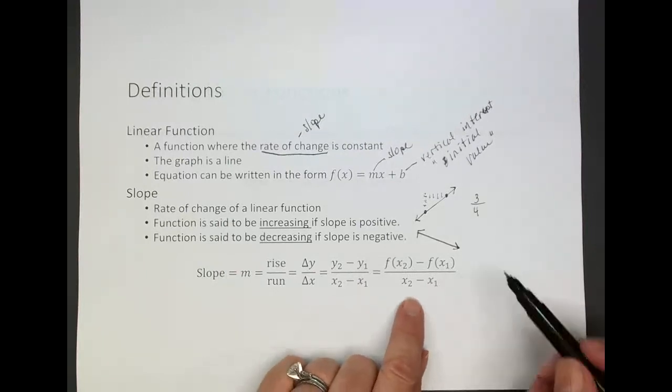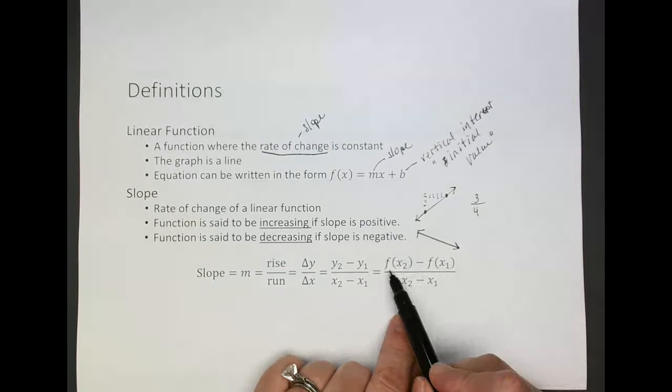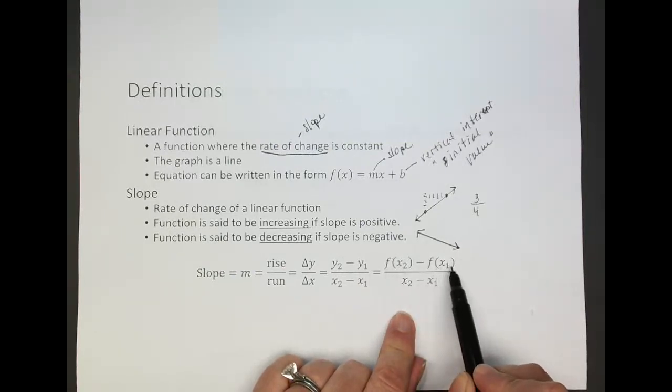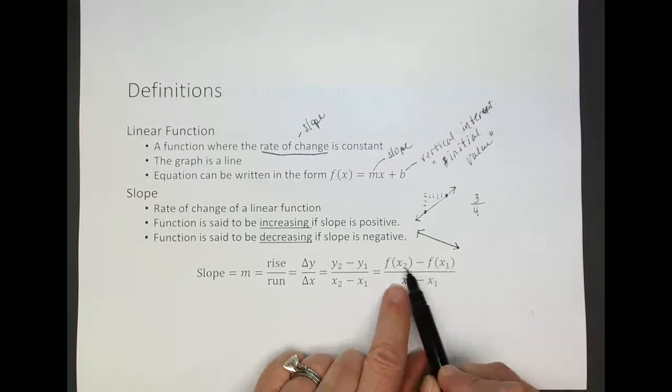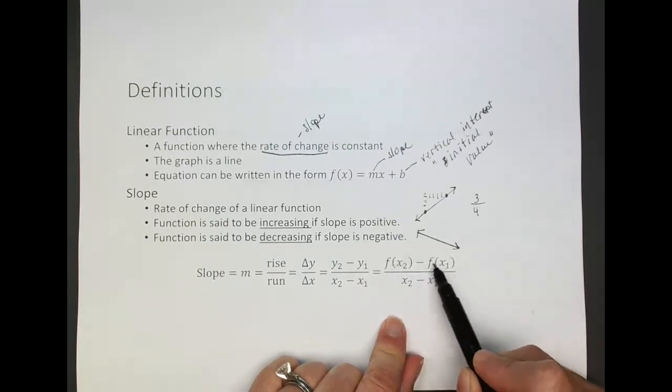One final way to think about the slope or the rate of change of a linear function is f of x2 minus f of x1 over x2 minus x1. This is simply saying the output of the function when x2 is my input minus the output of the function when x1 is my input.